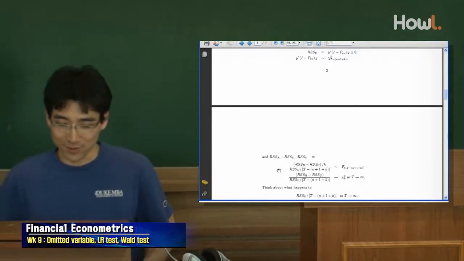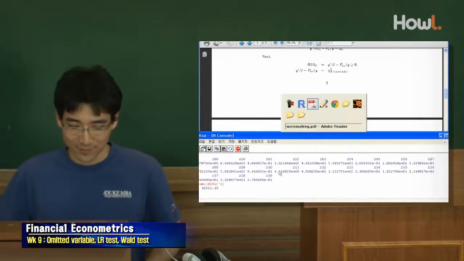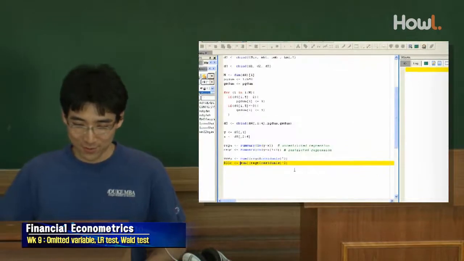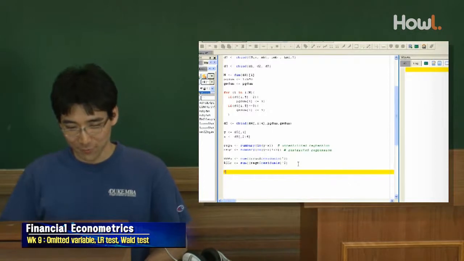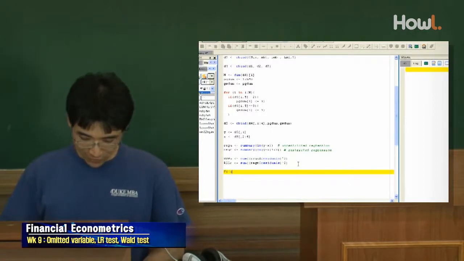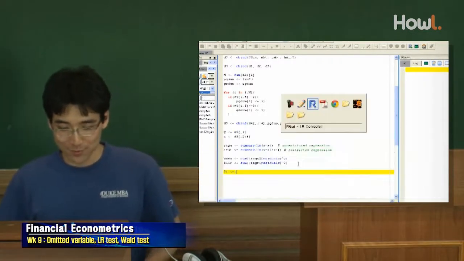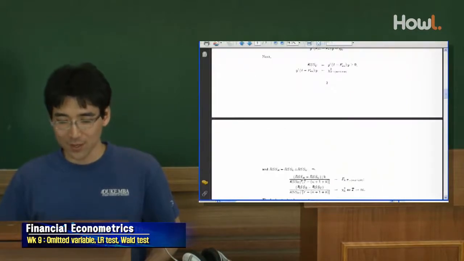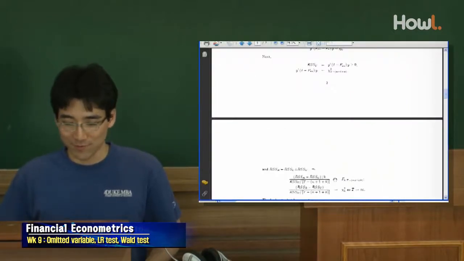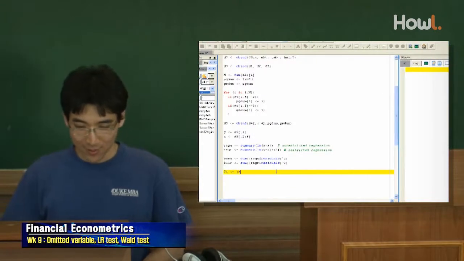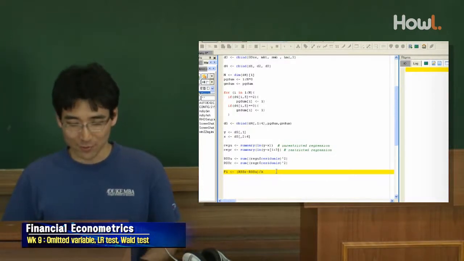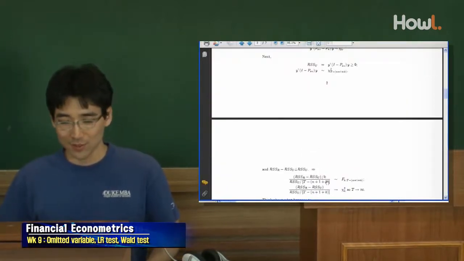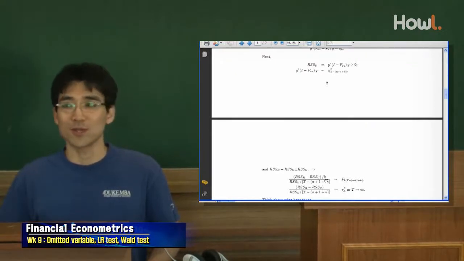The F statistic, let's call this one F1, should be RSSR minus RSSU divided by K. Oh, I have to define K. What should K be?